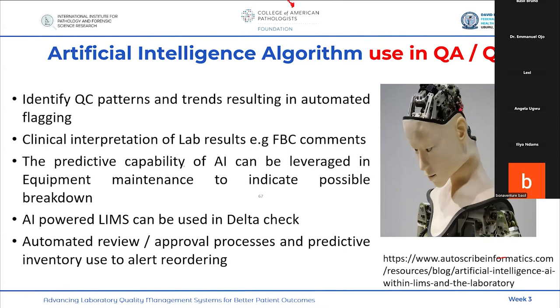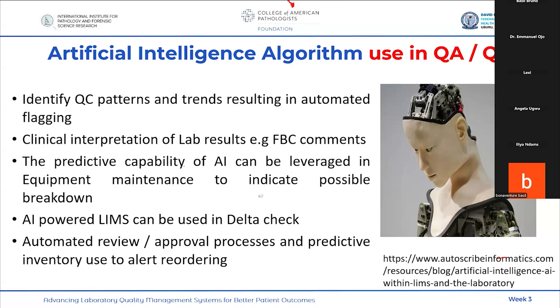Now this is a personal experience. We used a software some years back when I was on the bench. This software can look at results generated from a complete blood count, looking at the different parameters, looking at the suggestion from the film, and can suggest a blood film comment.